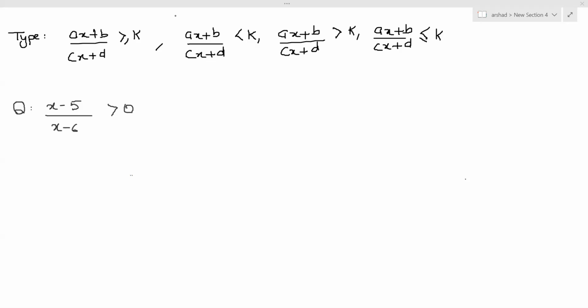Any doubt in this question? Shall I solve this or you can do? Yes, sir. We get x is 5 and 6. Now for plotting it in the number line, we should take plus 6 and minus 5.